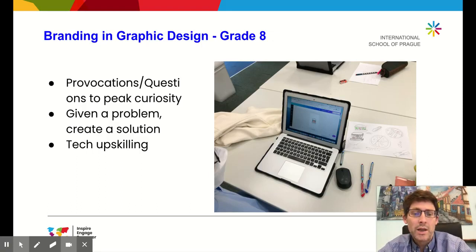Then they had to create branding around this that they'll eventually defend and present as a business brand. Not only does it pique curiosity and create problems for students to figure out, but it also has the side benefit of learning programs and how to use technology in certain fields.